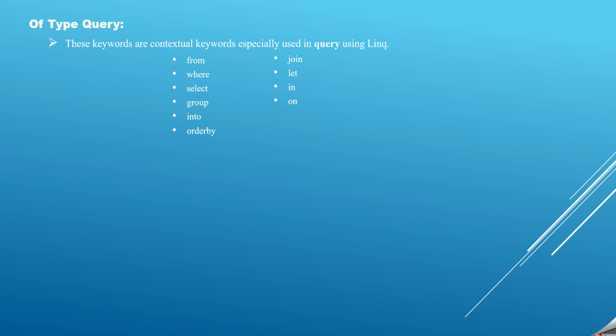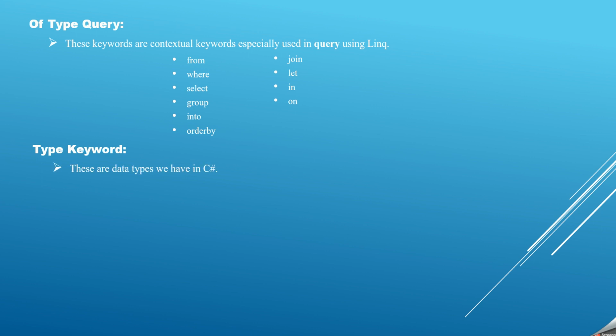I have categorized them into query because join, let, on, group, into, orderby are part of database operations. When we discuss LINQ, there will be a different video tutorial session. Using these keywords, we can filter the data and do much more. As it deals with database queries, I have categorized those preserved keywords under query, but again, based on the condition it turns into a keyword. That's why it is called contextual as well.